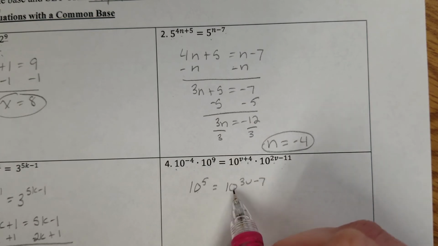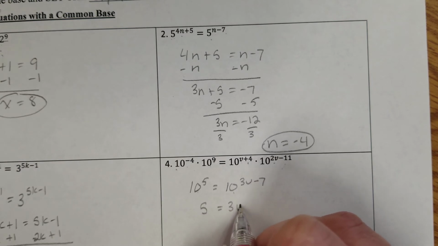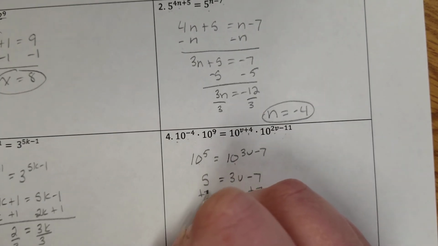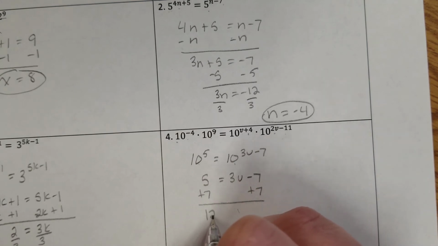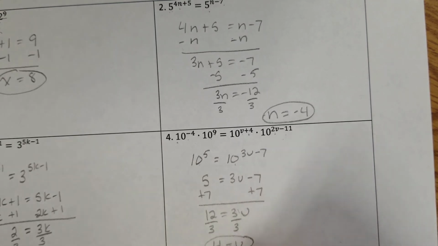So now we have one base on each side that is the same. We're just going to set them equal. So 5 equals 3v minus 7. We're going to add the 7. So we have 12 equals 3v, and then divide both sides by 3. So v equals 4.